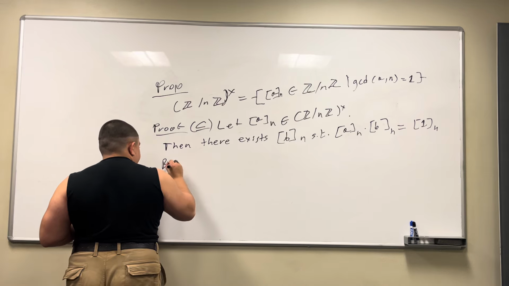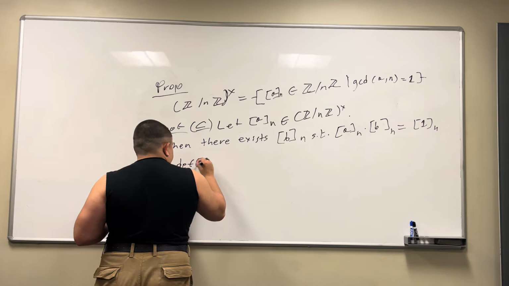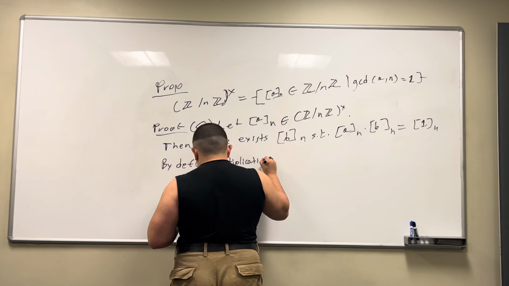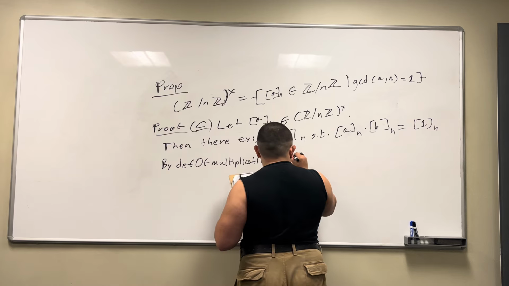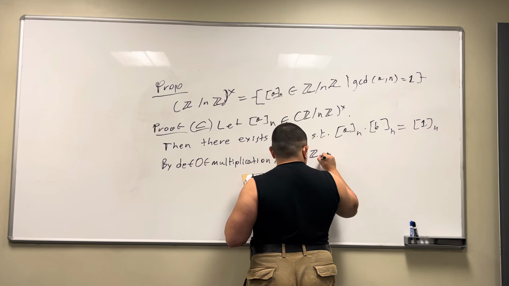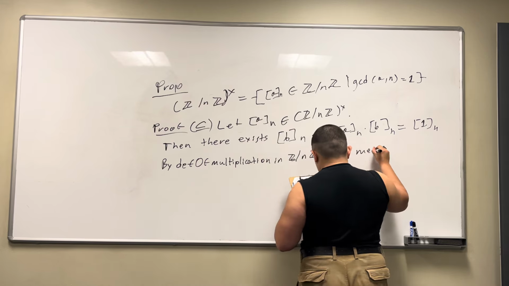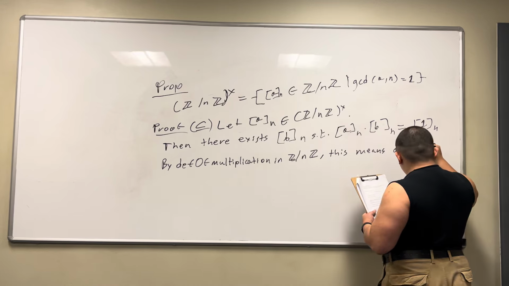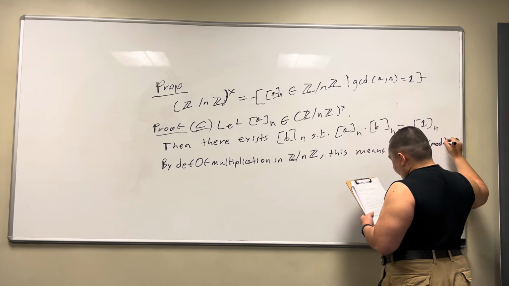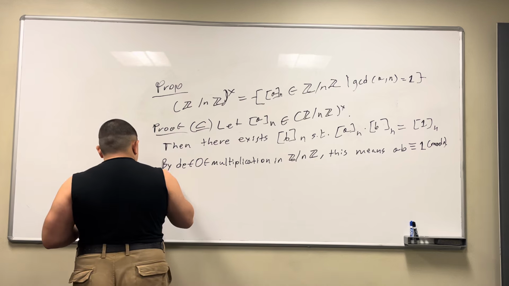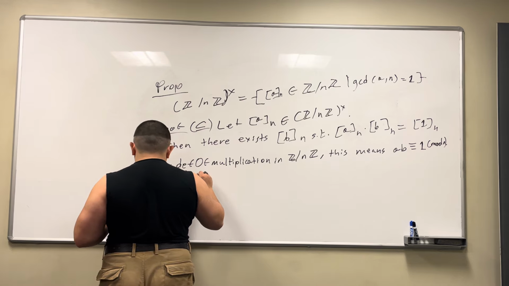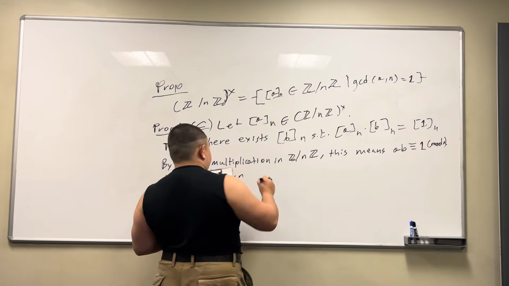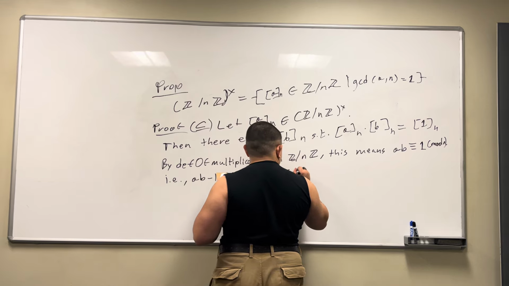By definition of multiplication in the set of all residue classes, this means a times b corresponds to 1 modulo n, that is, ab minus 1 is equal to k times n for k an integer.